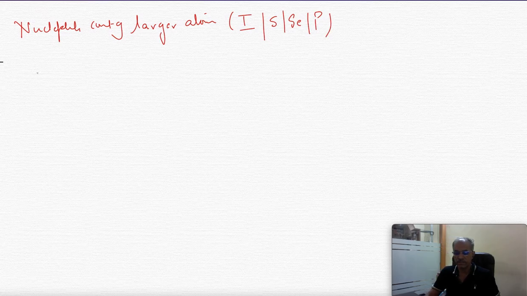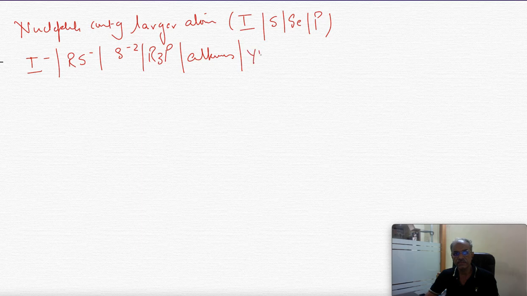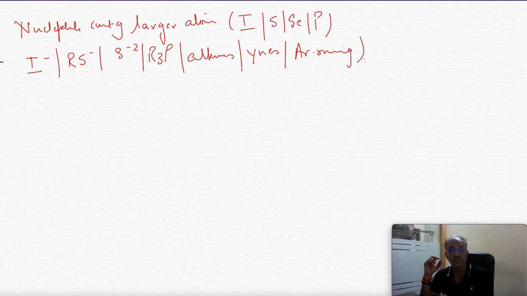Take for example I minus, RS minus, S minus 2, R3P, and then alkenes, alkynes, and aromatic rings. They are soft nucleophiles.